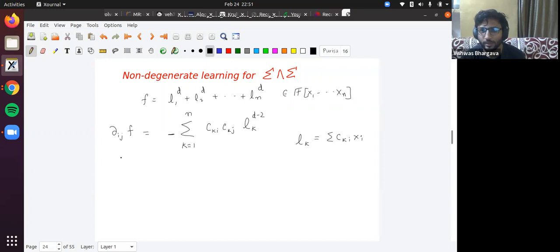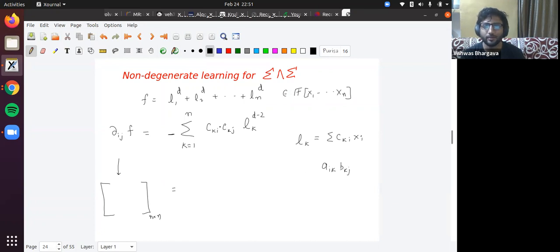So if you interpret this as a matrix, I can interpret this as an n cross n matrix, with entries being the partial derivatives ∂_ij of f. And if you look at this expression carefully, think of it as a matrix product. In a matrix product, we usually look at an expression like b_kj, things like that.